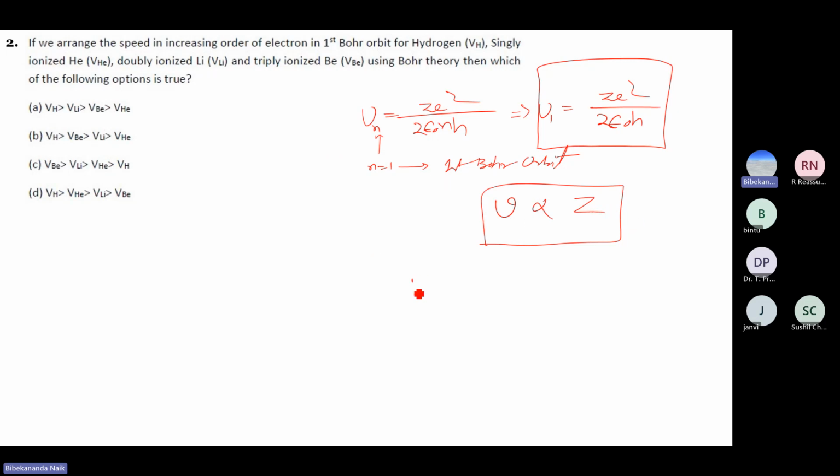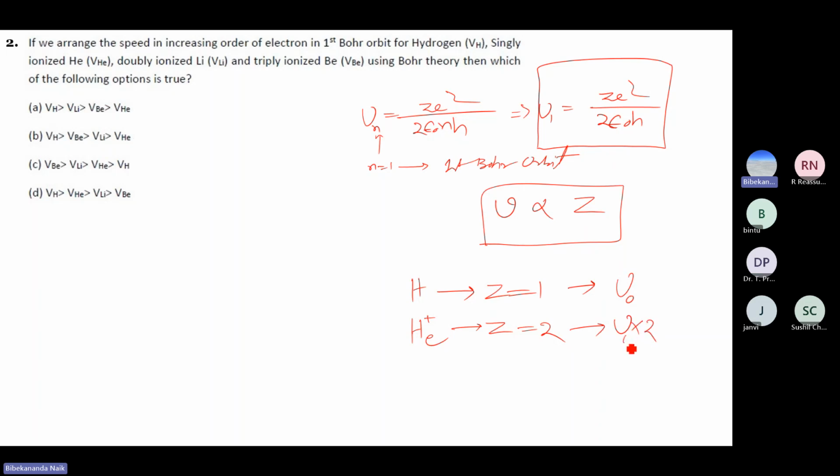Now, for hydrogen, Z equal to 1. Suppose we take its speed as V0. Then for singly ionized helium, what is the atomic number? It has one electron, but the atomic number is 2, so the velocity will be 2 into V0.